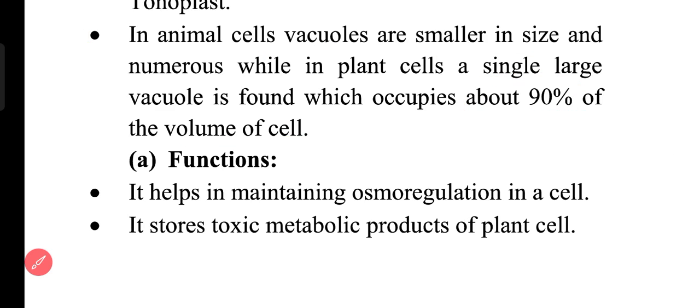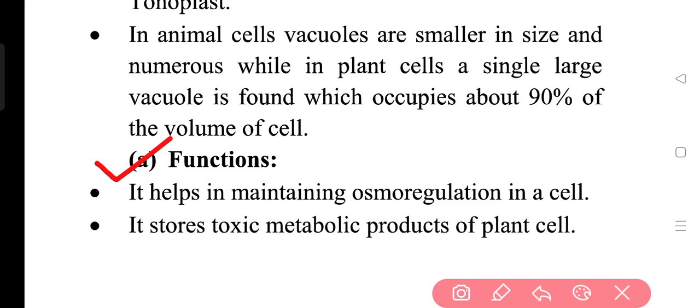Okay, look at this. What is the function of the vacuole? First, it helps in maintaining osmoregulation, that means the movement of water in and out of the cell. Second, it stores toxic metabolic products of the plant cell.